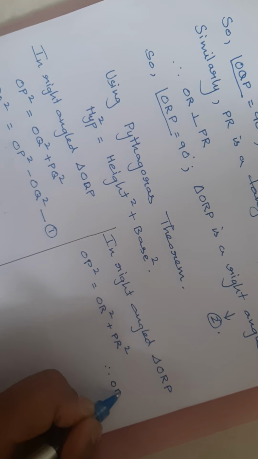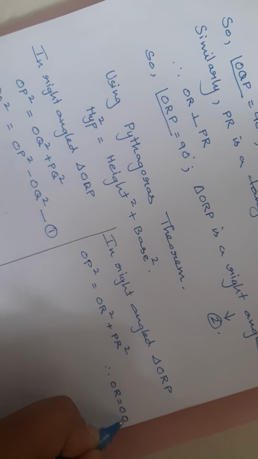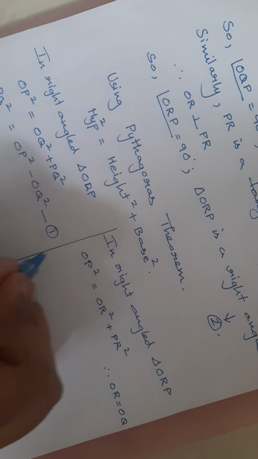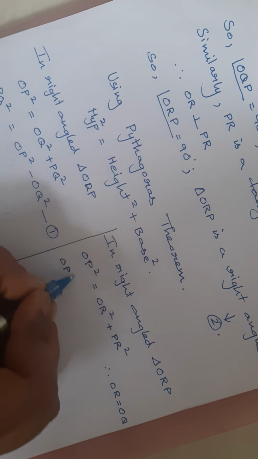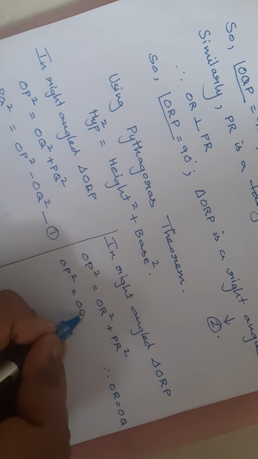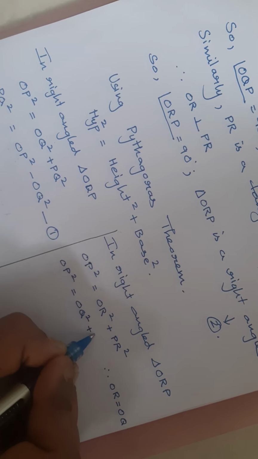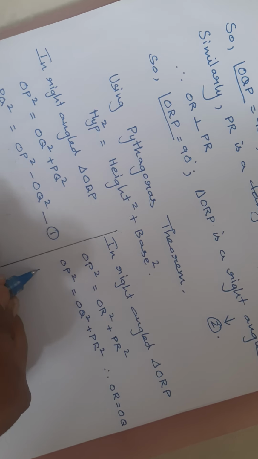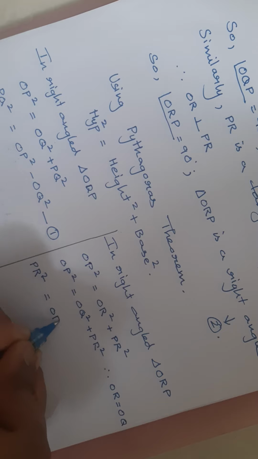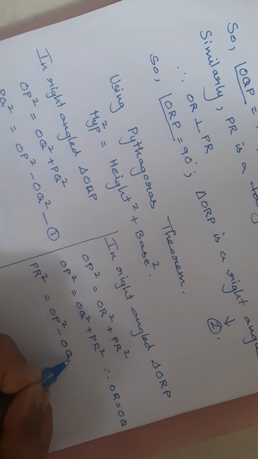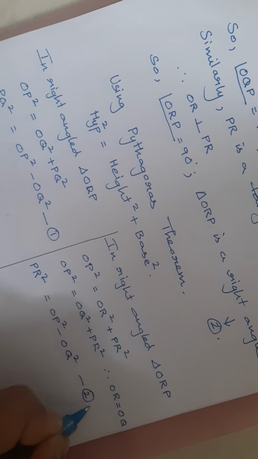But OR equals OQ, correct? So OP square can be written as OQ square plus PR square. So PR square equals OP square minus OQ square. This is equation 2.